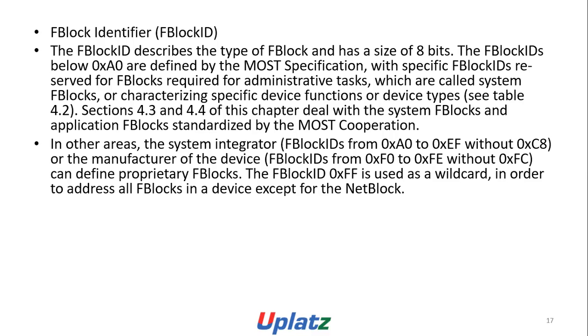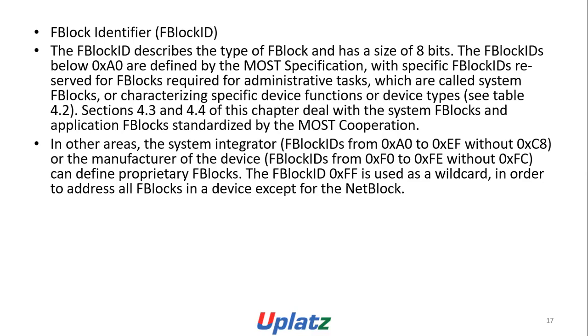Fblock identifier, FBlockID. The FBlockID describes the type of the Fblock and has a size of 8 bits. The FBlockIDs below 0xA0 are defined by the MOST specification, with the specific FBlockID characterizing the specific device function or device type. Reserved for Fblocks required for administrative tasks are the so-called system Fblocks. See table 4.2. Sections 4.3 and 4.4 of this chapter deal with the system Fblocks and application Fblocks standardized by the MOST Cooperation.